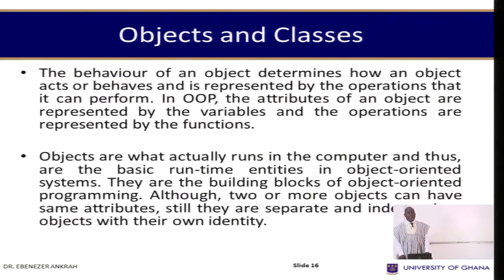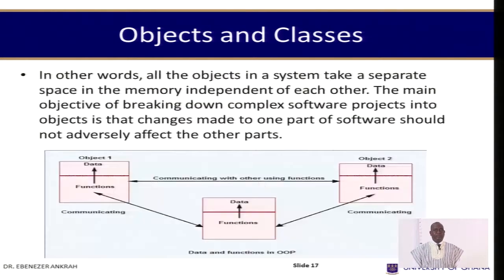So the object itself represents what it can do, the operations that it can perform. All is inherited in the objects. You have different objects, and the objects have different tasks. They have different functions, and they can call each other at different times.